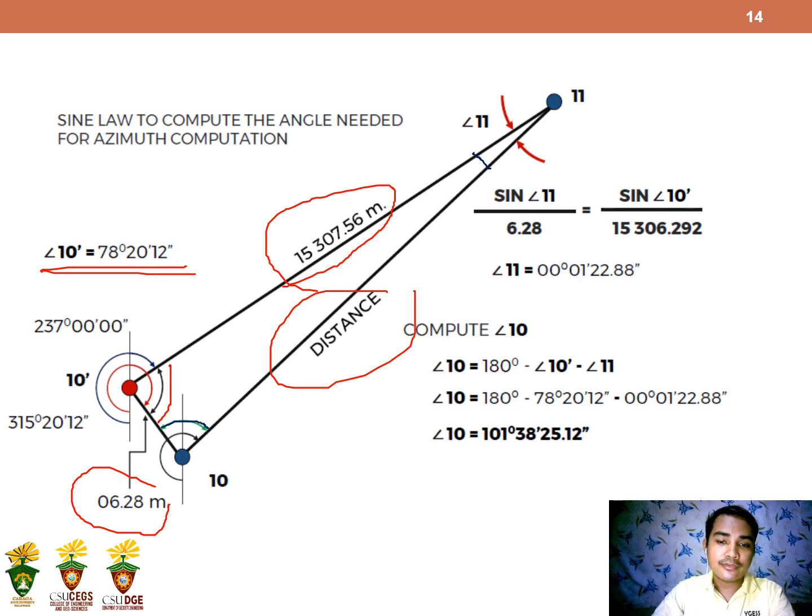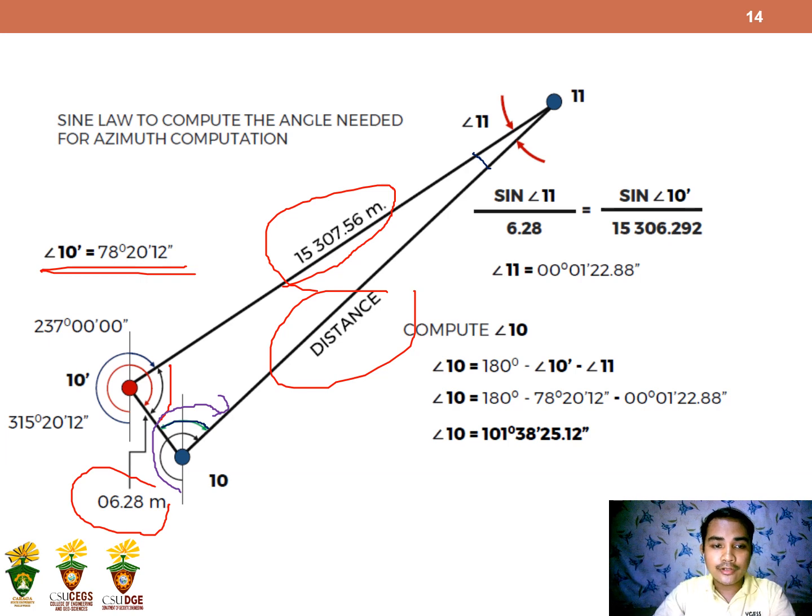We can get this angle using the given angle at 10, and then we add it to get the azimuth.